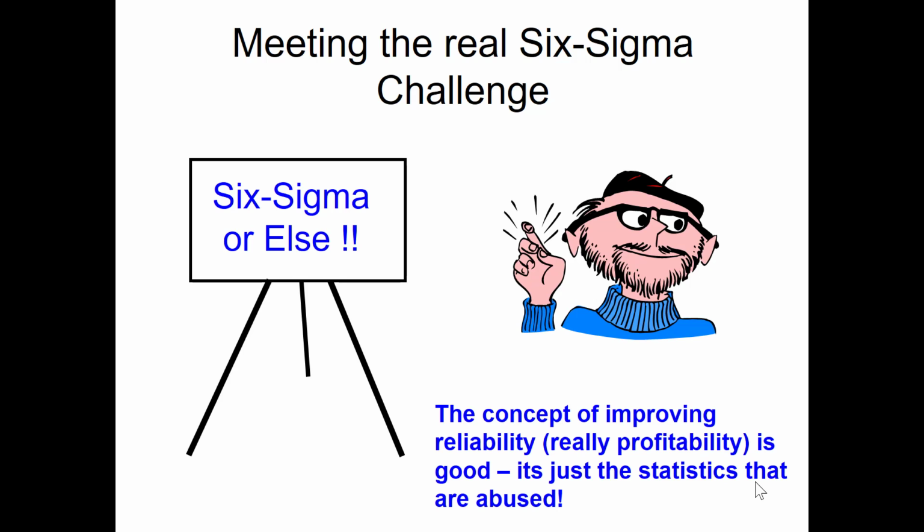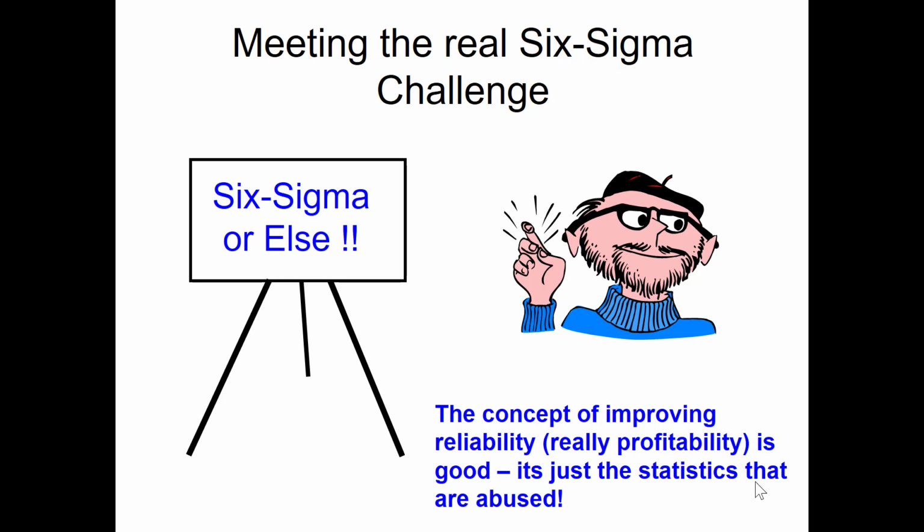Well, you mentioned John Deere, a company that's promoting Six Sigma performance, and I don't know, something like 2/3 of the Fortune 500 companies are doing something similar. The concept of improving reliability or really profitability is really good. And I think that most of these programs that are called Six Sigma programs dispense with the statistics.